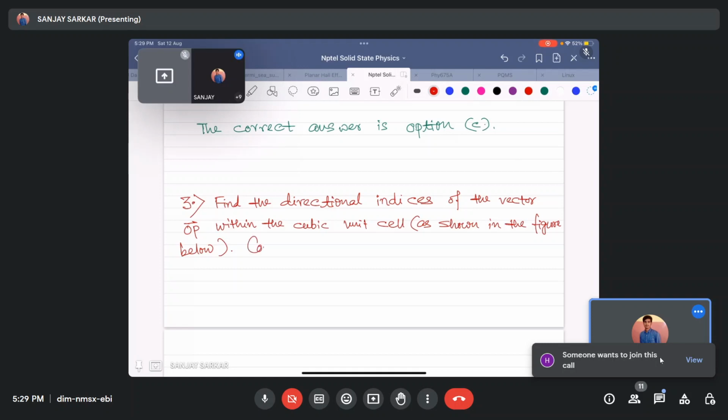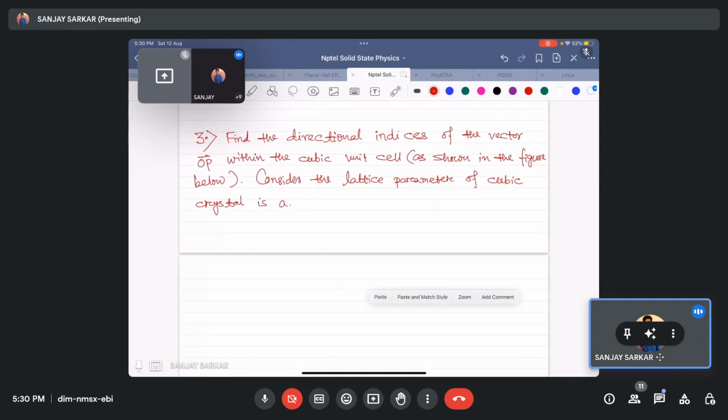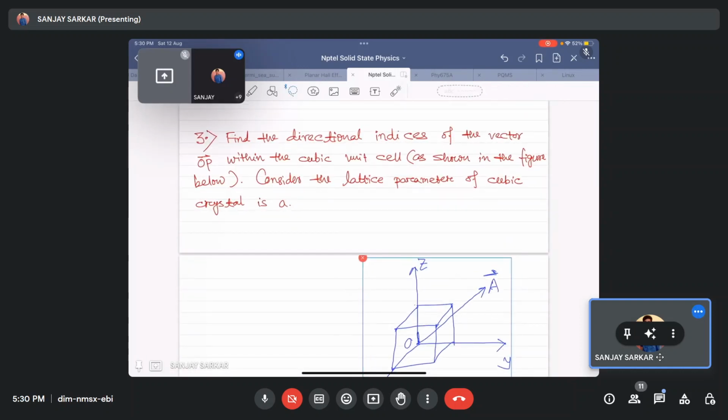Consider the lattice parameter of the cubic crystal is A. So I'm going to paste the same picture as shown on the first page.